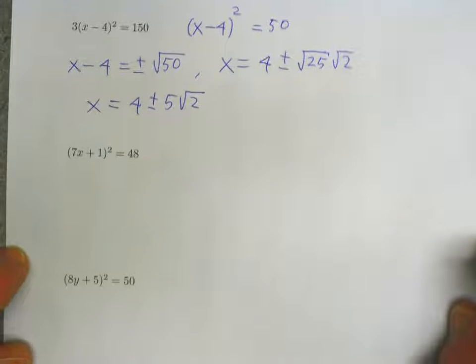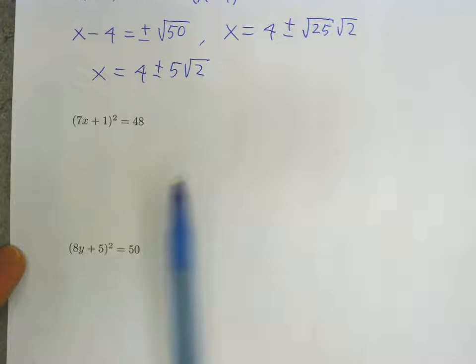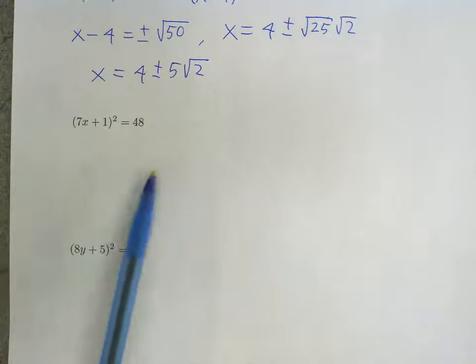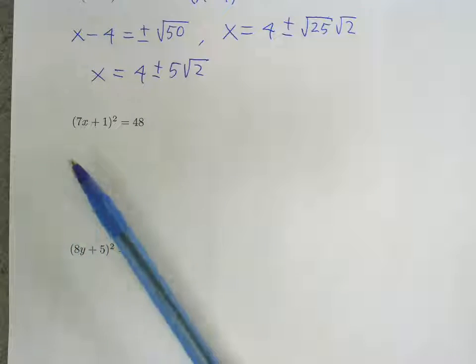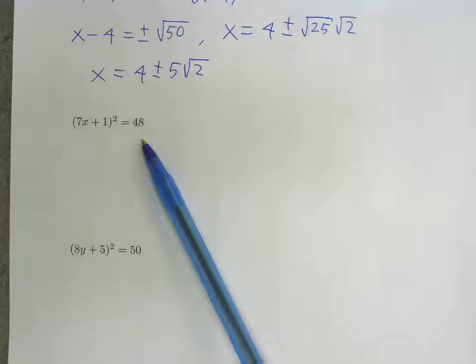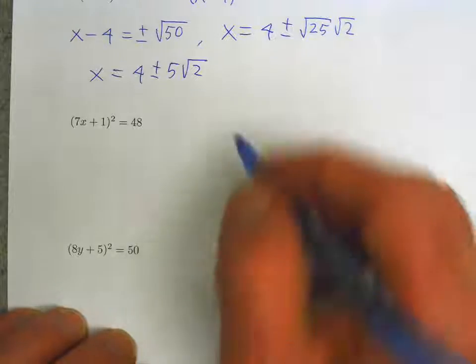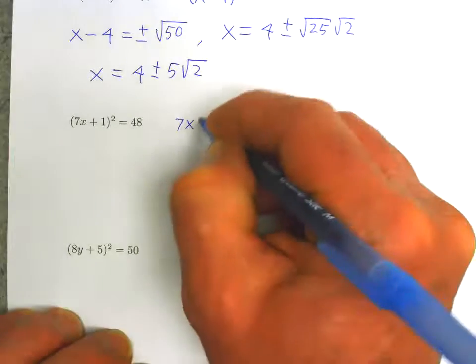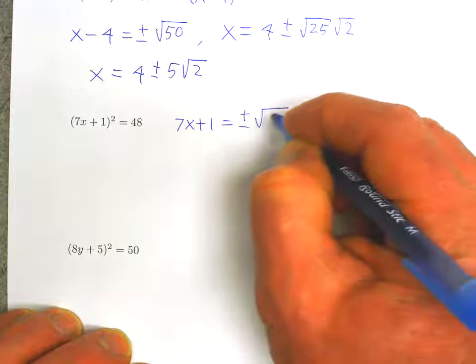And the next example, well, we have a little more to do in this one, but it's all set up to apply the square root property because we have a binomial squared on the left-hand side. So we can apply the square root property right off the bat, and we write 7x plus 1 equals positive and negative square root of 48.